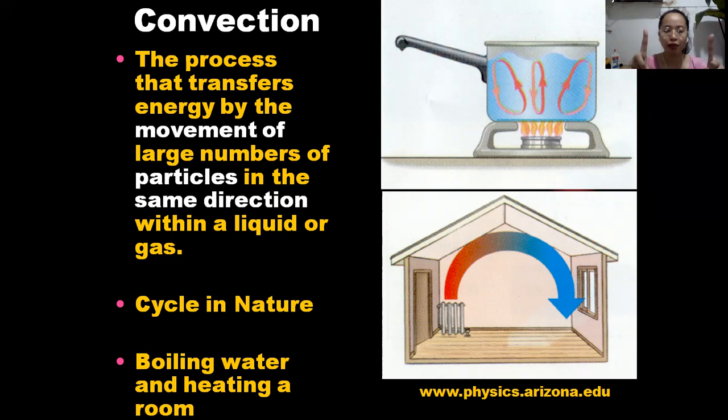So always remember, when the air is warm or hot, it will rise. Why? Because it will become less dense, meaning it will become light. Unlike cold air, it will sink because it is dense. Okay? That's what happens.